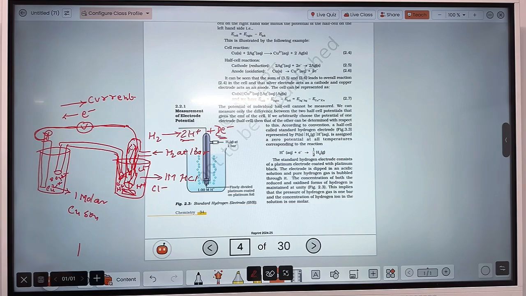Since negative charge is flowing from hydrogen towards the copper, the direction of current will be from copper to hydrogen.